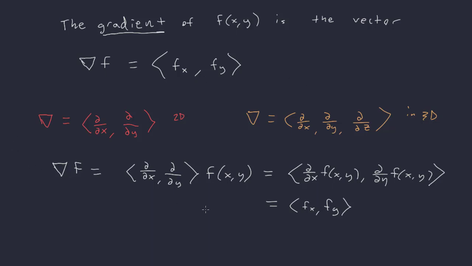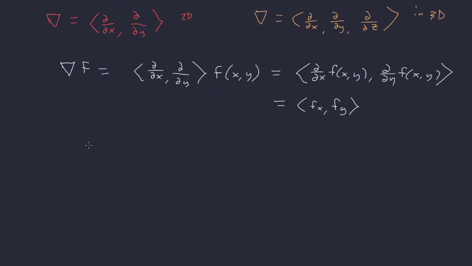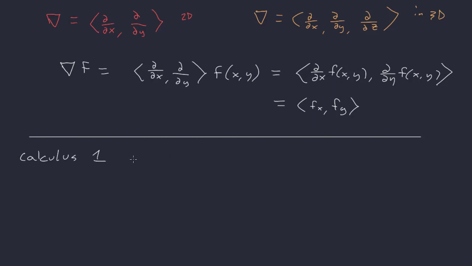Now, the gradient is analogous to the normal derivative in Calculus 1. Let's think about all the things that the derivative gives us in Calculus 1. If y is equal to f of x, then the derivative dy by dx is f prime of x. There are quite a few things that the derivative gives us.